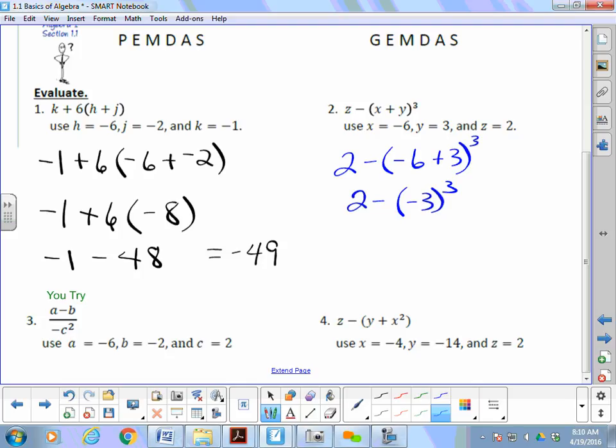So now we have an exponent that we can use. What comes first, the exponent or the negative in front of the parenthesis? Okay, Ms. Fish? The exponent. All right, so negative 3 to the third power is negative 27.